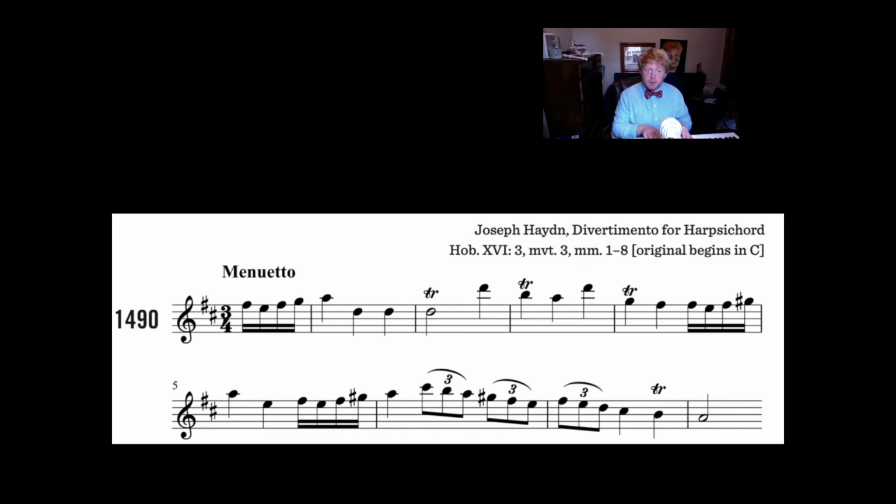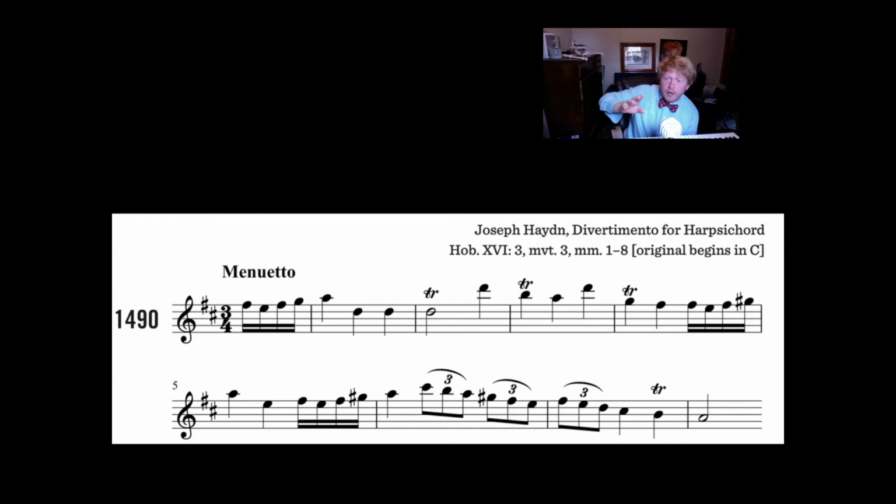Let's try to sing this through. 1, 2, 3. Good, and then try that on your own.